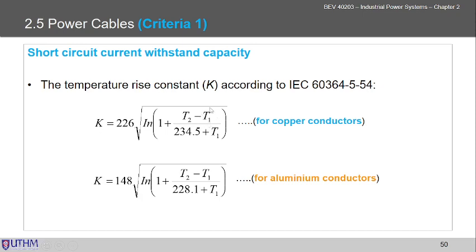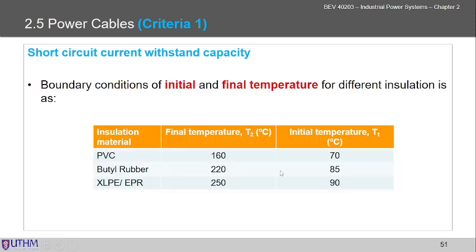The temperature is raised up to a certain level, then we measure the temperature. So this is the final temperature, and this is the starting temperature. We call the final temperature T2, and the initial temperature T1.